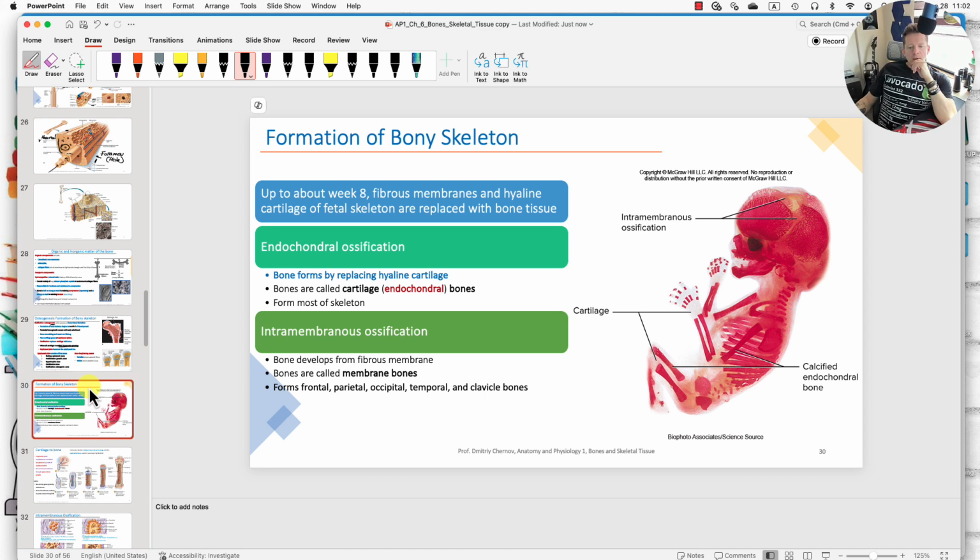There are two types of ossification. One is called endochondral ossification, and the other is called intramembranous ossification. In endochondral ossification, bones are formed by replacing hyaline cartilage. These bones are called cartilage or endochondral bones.